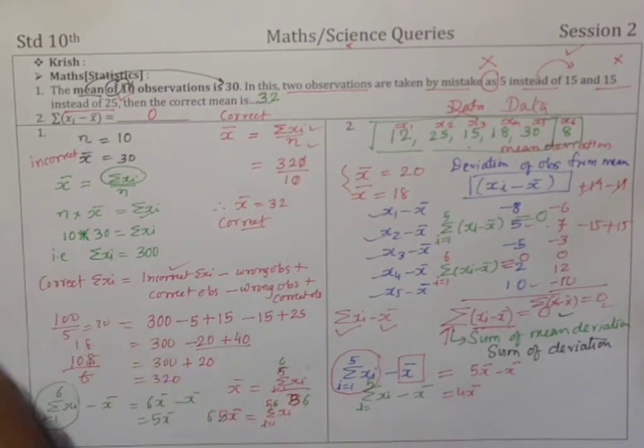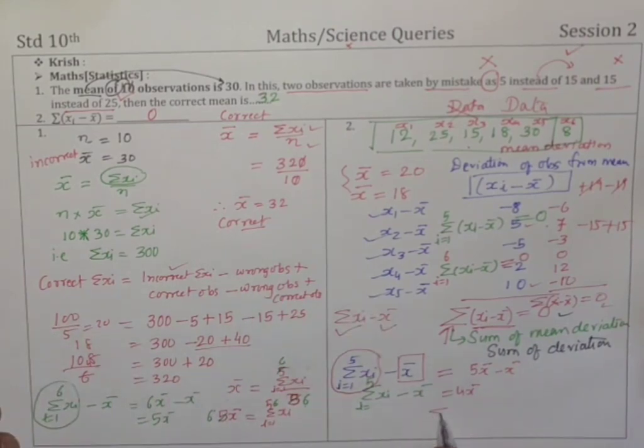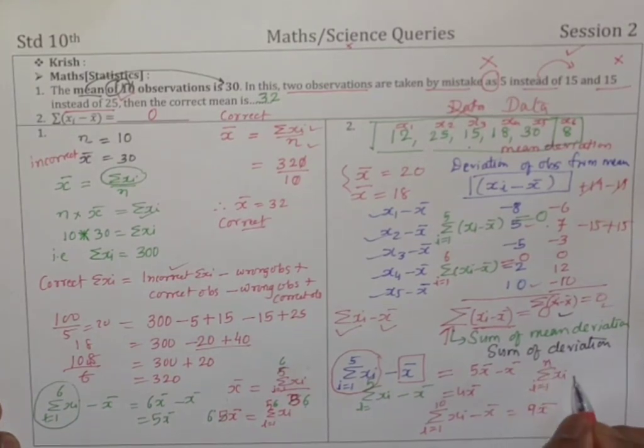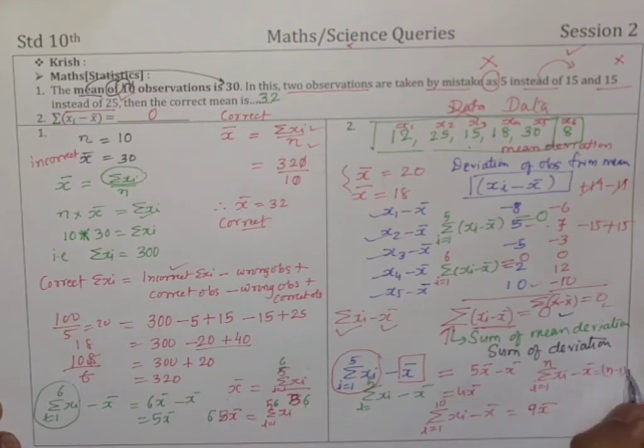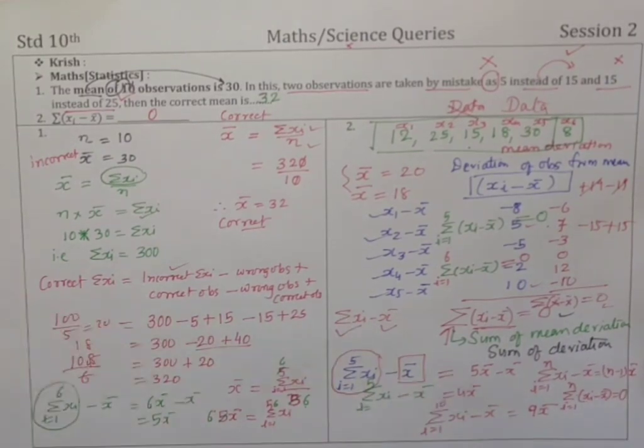Alright children, so from these two sums you can understand, sigma xi, i runs from 1 to 10, minus x bar, are two different terms, so subtract 1 from 10 and 9x bar is the answer. Sigma xi, i runs from 1 to n, minus x bar, then here it goes up to n, so n minus 1 into x bar. But if it is like this, i runs from 1 to n and in brackets xi minus x bar is given, then the value is always 0. Is that clear children?